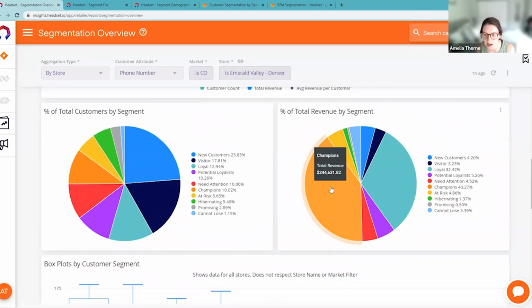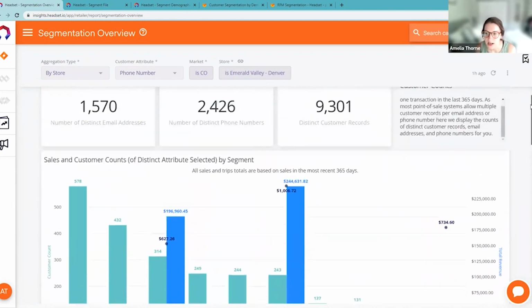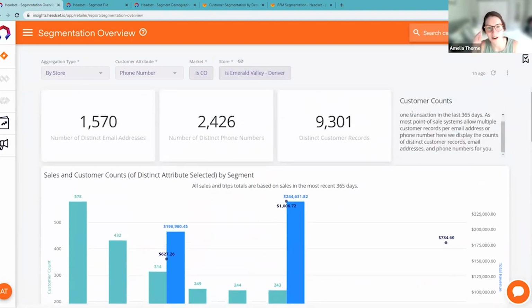I always find that contrast interesting, because obviously they're coming into your store all the time, they're spending a decent amount, and they really like you guys. So I always find these little pie charts interesting. Any questions on anything I've just gone over so far?